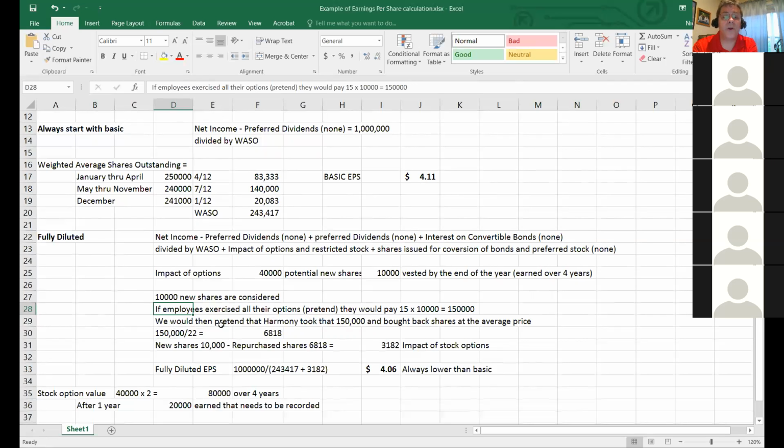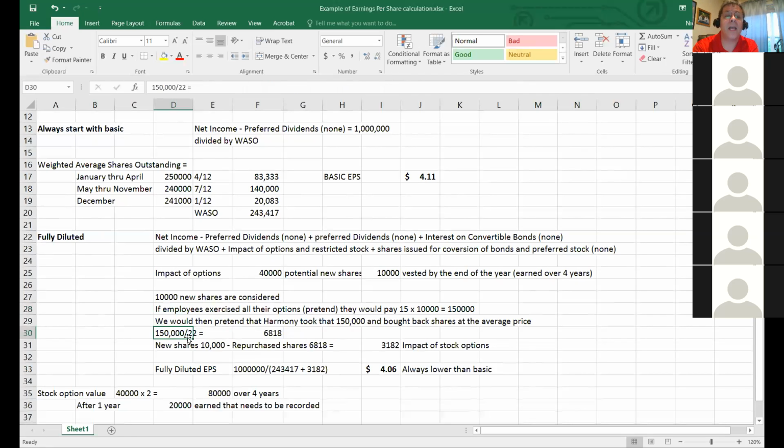We're going to then further pretend that we took the 150,000 we collected from the employees and we bought other shares like treasury stock. We bought other shares from other shareholders. Okay? We took that $150,000 and we bought those shares. How many shares could we buy if we used all 150,000 to buy shares?